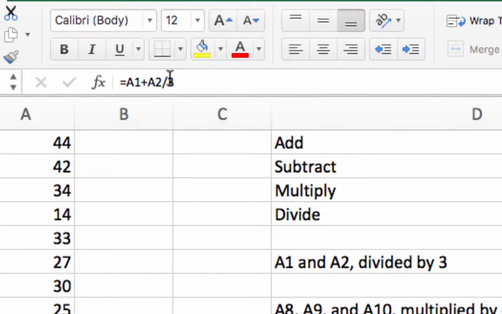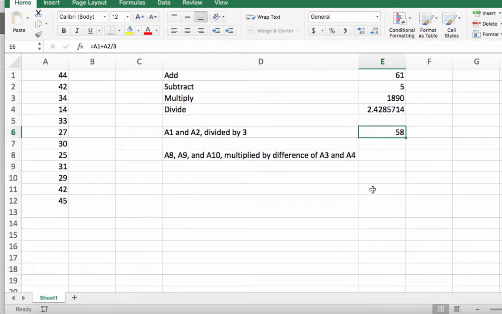So what's happening here is this is taking A2, which is 42, and saying, what's A2 divided by 3? And then you add that to A1. But I don't want that. I want A1 and A2 combined. I want that total divided by 3.